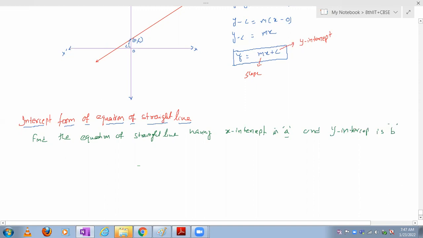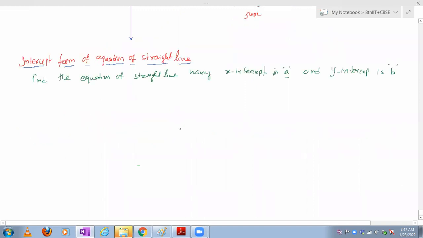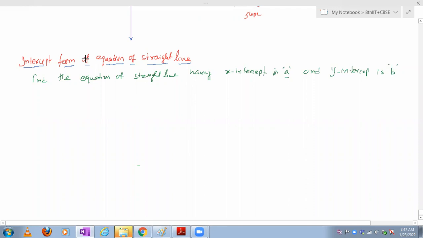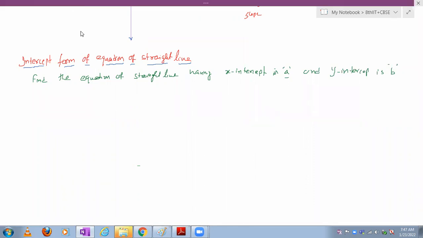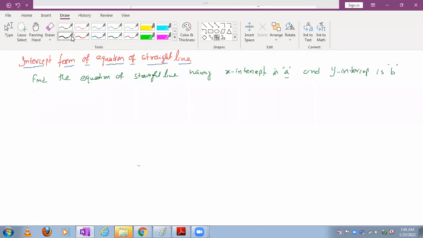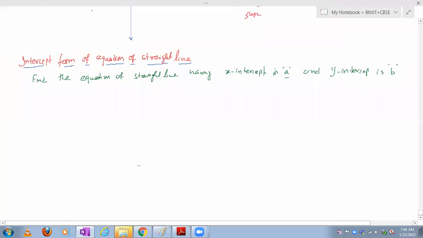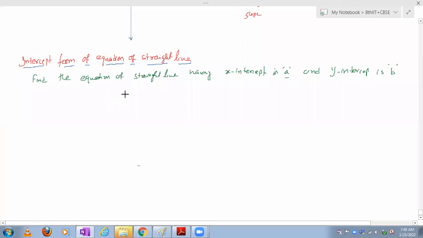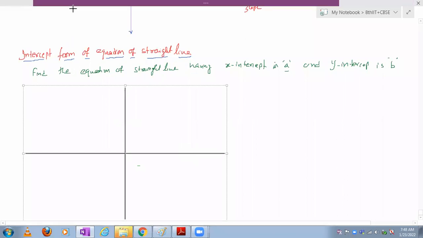So x-intercept a, y-intercept b. Now tell me, what is x-intercept and y-intercept? Let's see carefully, all of you, what is intercept? That only I'm saying. So now I'll draw this coordinate axis, right?